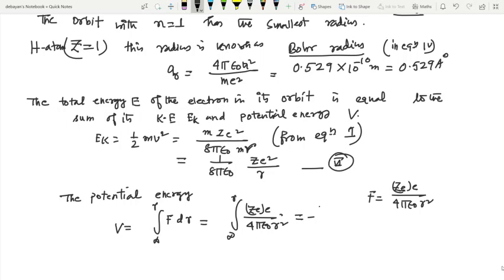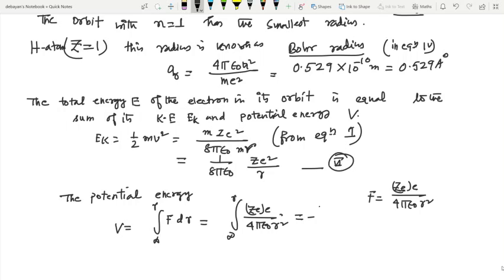The total energy is nothing but kinetic energy plus potential energy. So kinetic energy is Z e square by 8 pi epsilon naught r, that is number 7, and then minus Z e square by 4 pi epsilon naught r, and from that you will get the total energy, equation number 8.